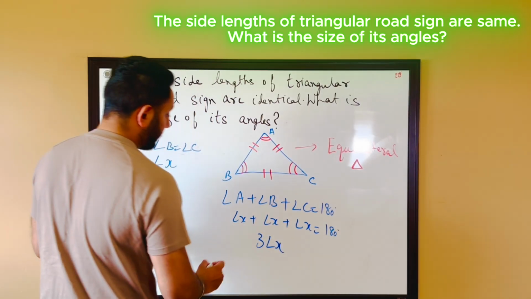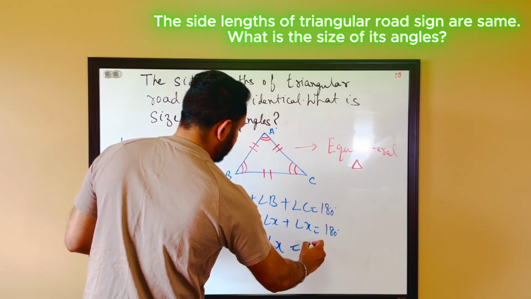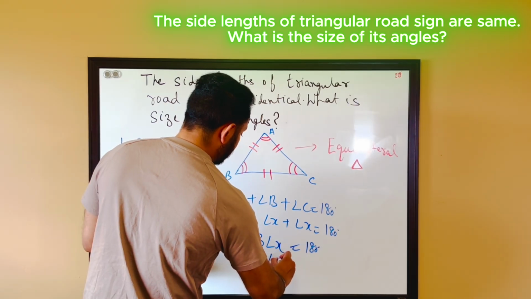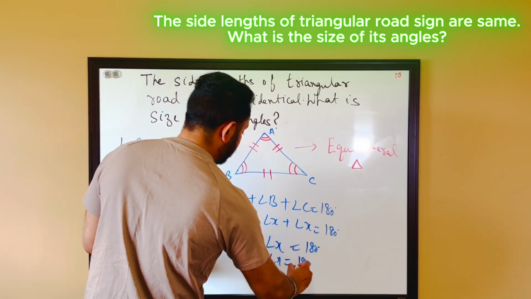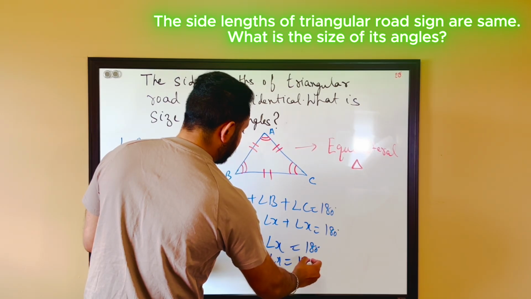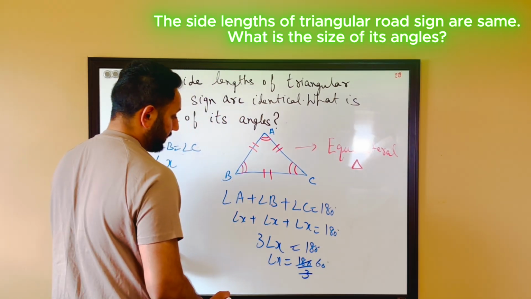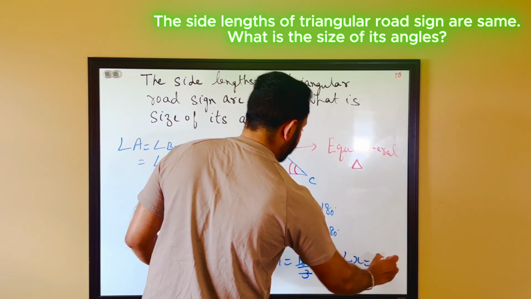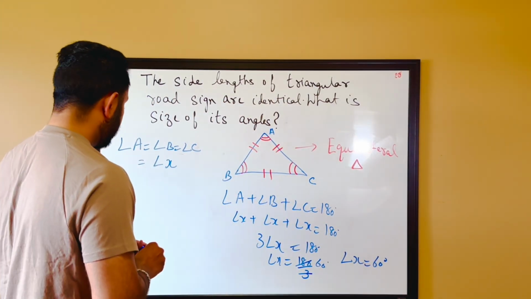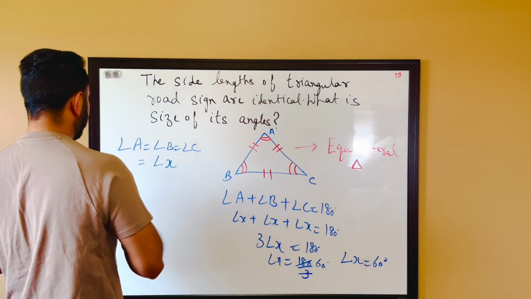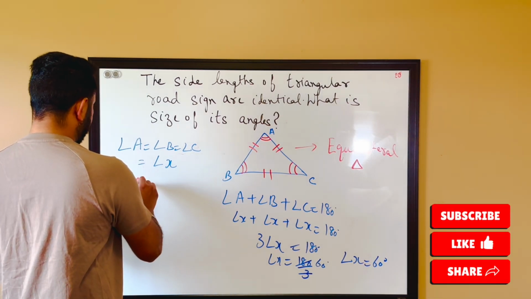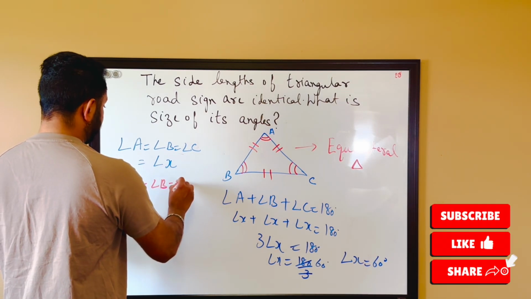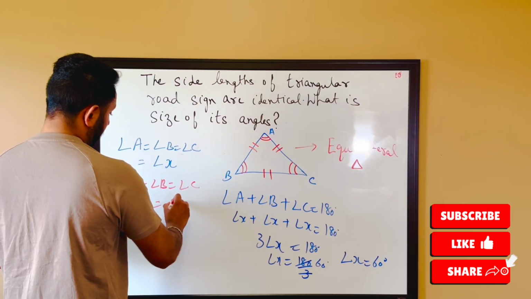After addition, 3x equals 180, divided by 3. So x is 60 degrees. If x is 60 degrees, that means A, B and C are all 60 degrees.